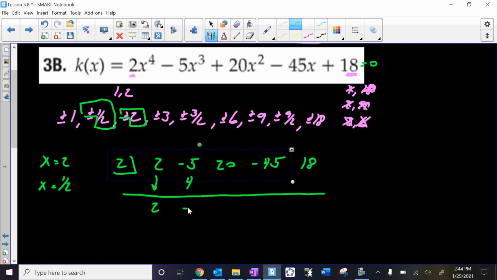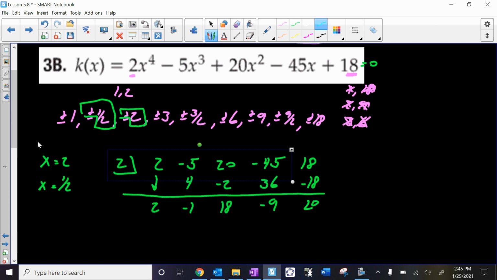This will get us a negative 1, negative 2, which will then get us 18. 2 times 18 is going to get us 36, which will then get us negative 9, negative 18, and 0.